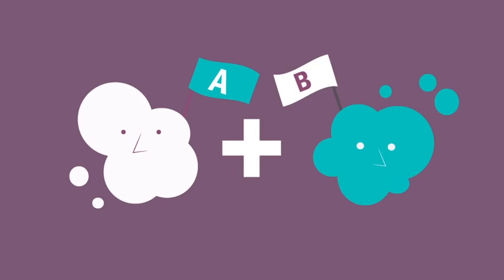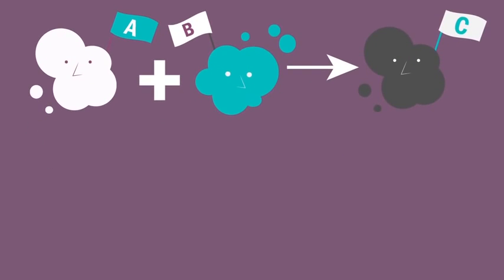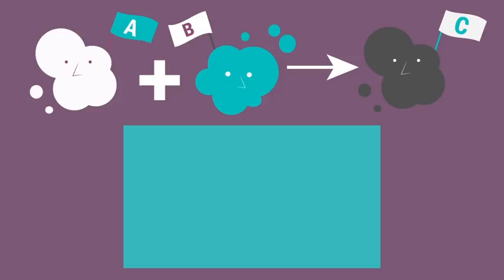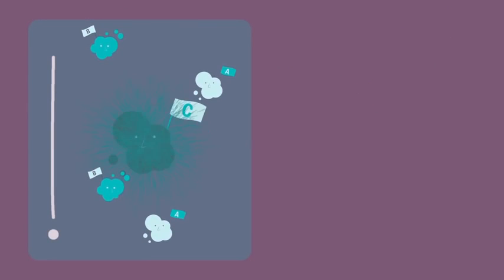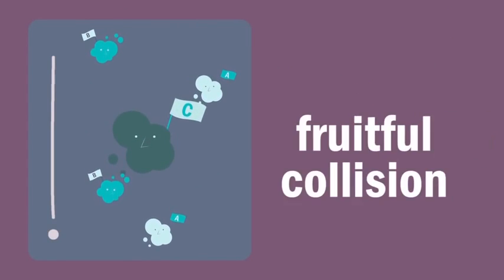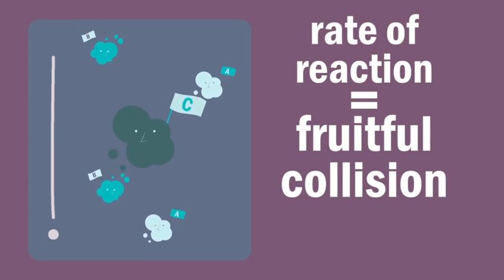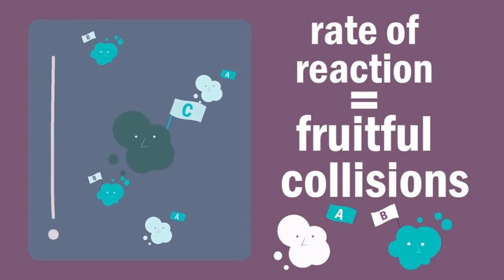Let us consider two gases, A and B, reacting to make gas C. As mentioned in our video Collision Theory and Reactions Part 1, for a reaction between gas A and gas B to occur, they must collide with sufficient energy. A collision resulting in a reaction is a fruitful collision. So the rate of reaction can be taken as the number of fruitful collisions between A and B per second.